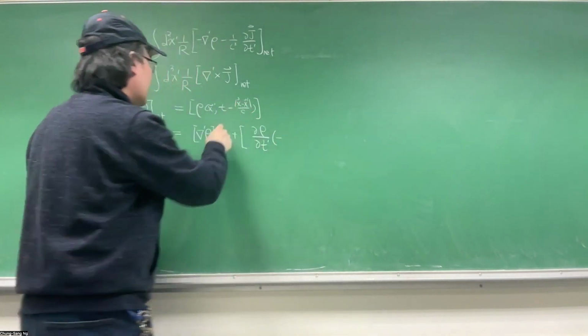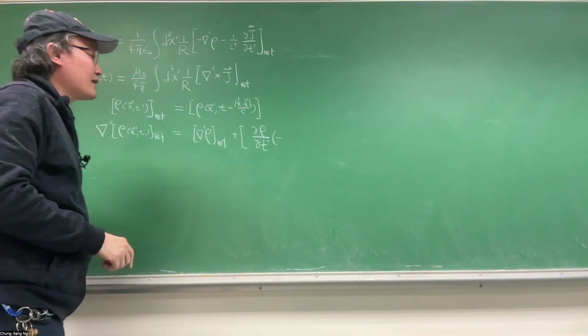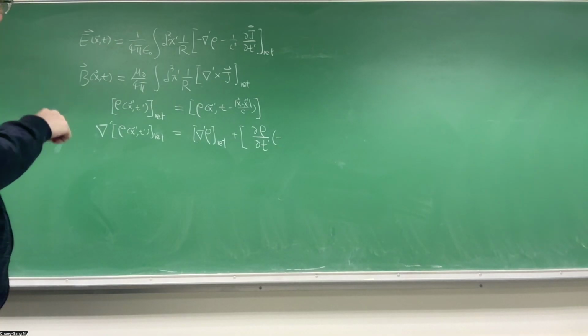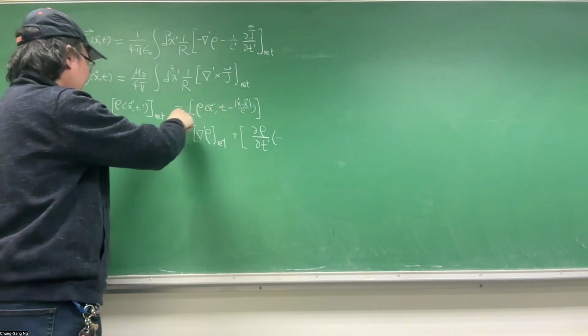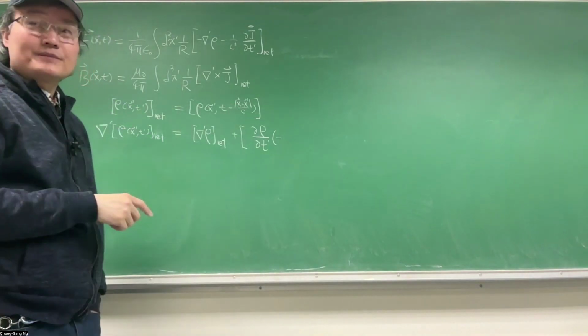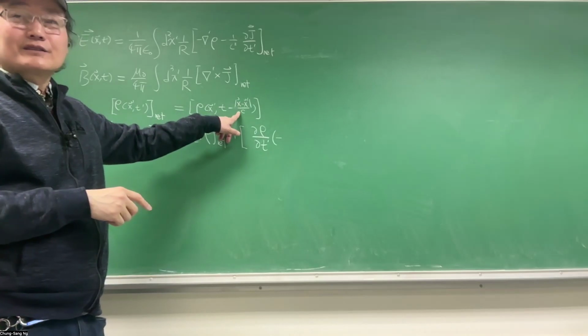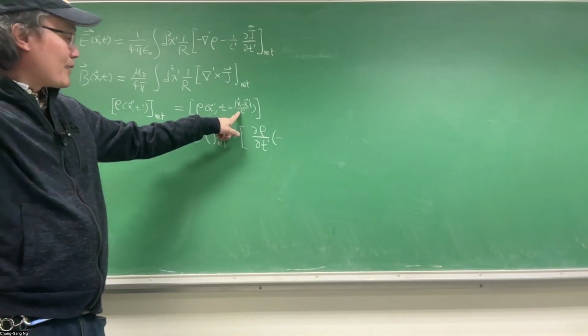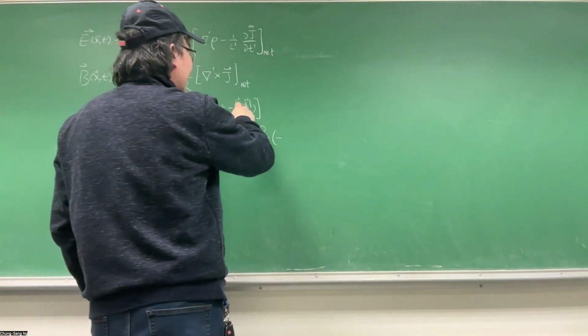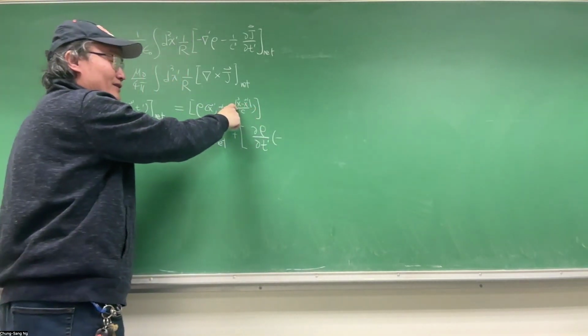You know how to do that? It's minus the derivative of the distance with respect to one of the vectors. You remember that? This is just like the coordinate, right?